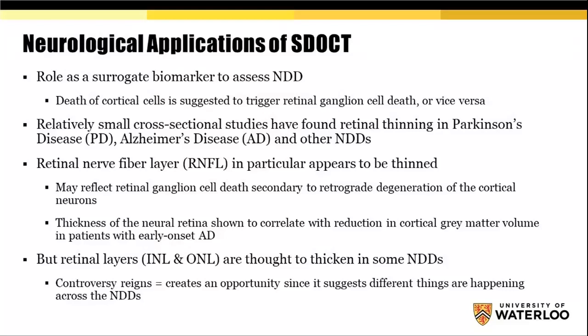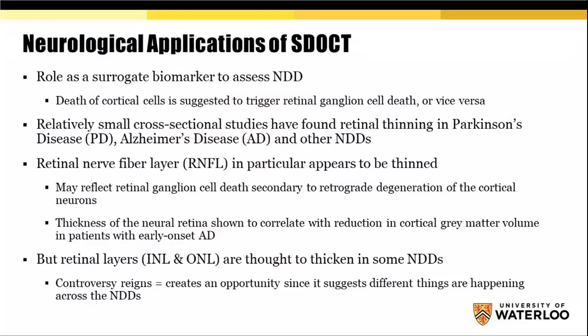There's been a number of relatively small cross-sectional studies which have found retinal thickening in Parkinson's, Alzheimer's, and other NDDs. Retinal nerve fiber layer thickness, in particular, appears to be thinned, and may reflect retinal ganglion cell death secondary to degeneration of cortical neurons.